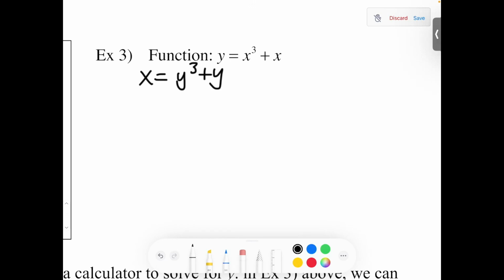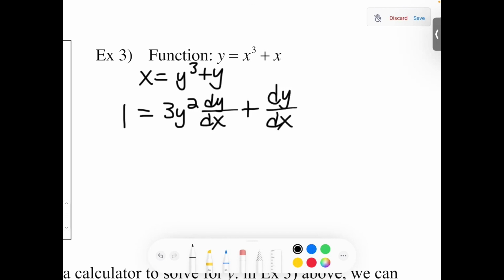The derivative of x is equal to 1. The derivative of y to the third is 3y squared dy/dx. And the derivative of y is 1 dy/dx. We can factor the dy/dx out on this right-hand side, we're left with 3y squared plus 1.